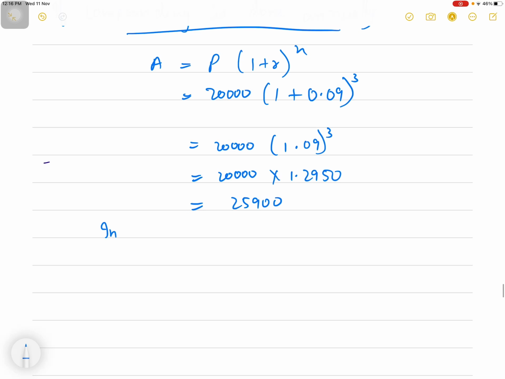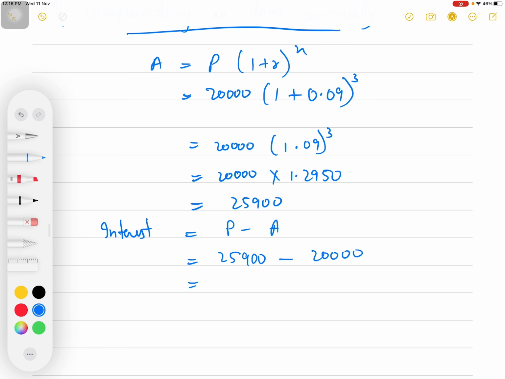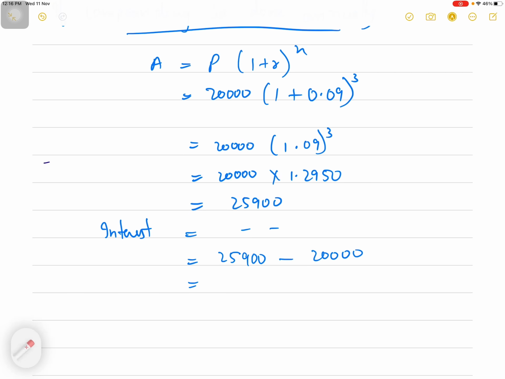So interest is amount minus principal, sorry.